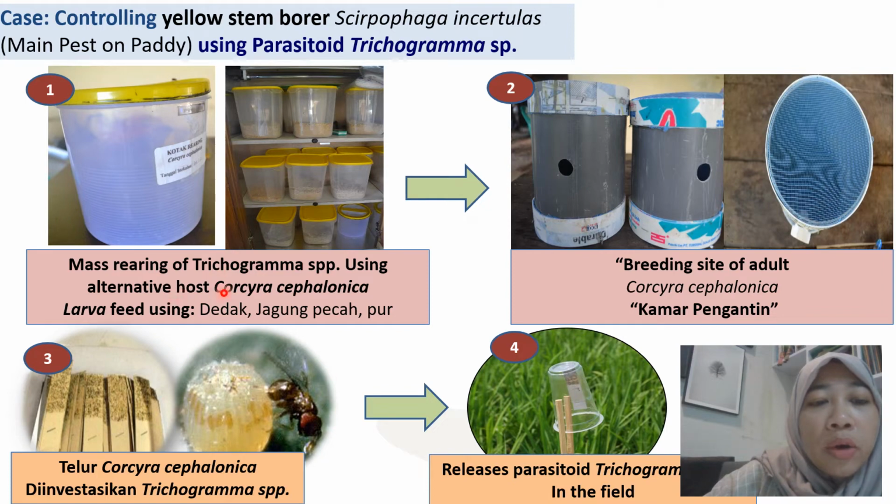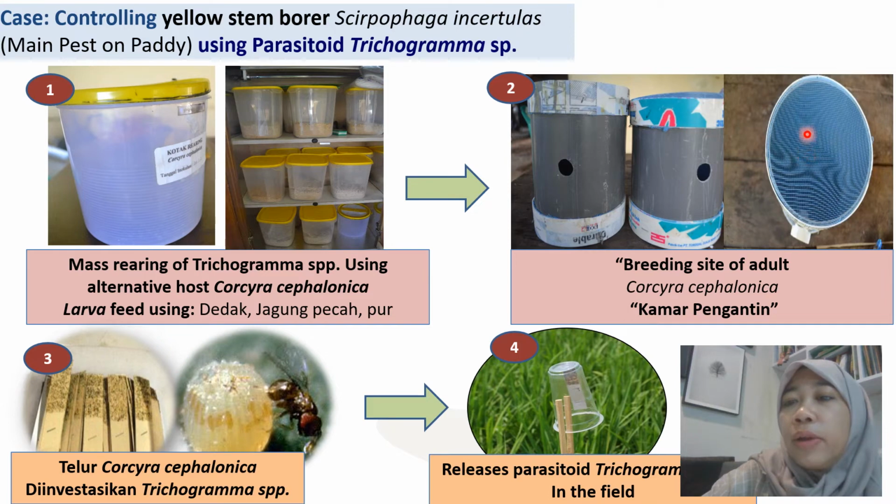We use Corcyra cephalonica as the alternative host. This is the larva of Corcyra cephalonica, fed using duck and maize and pork. Because Corcyra cephalonica is also a moth, we can copulate the adults of Corcyra cephalonica in this breeding site.